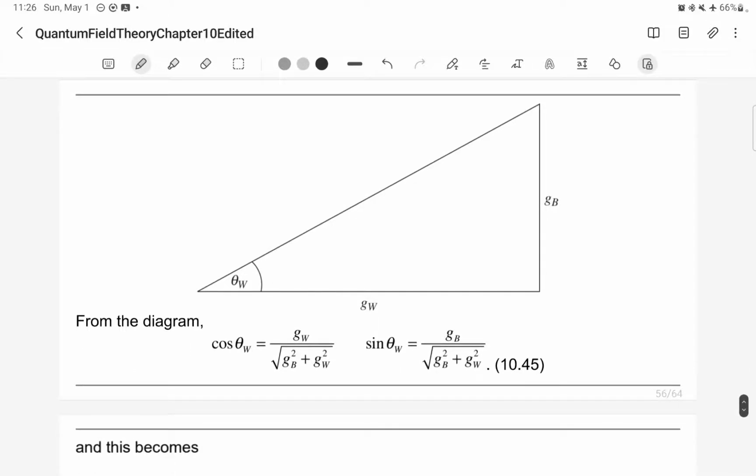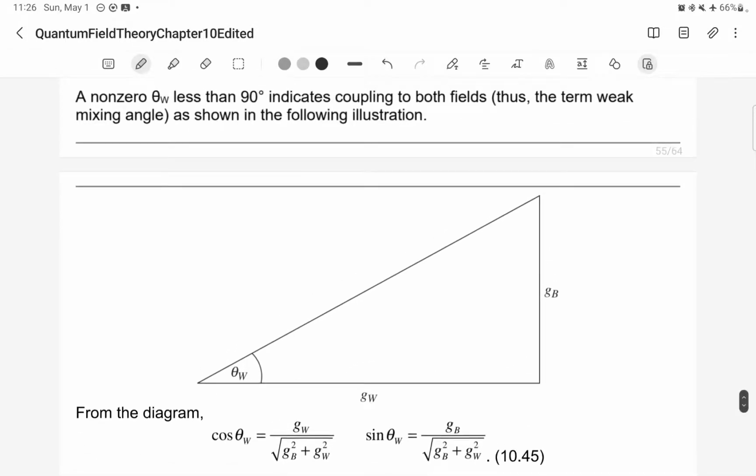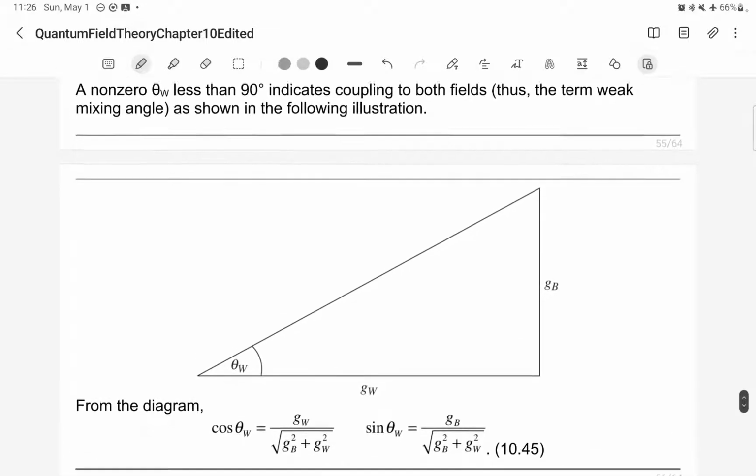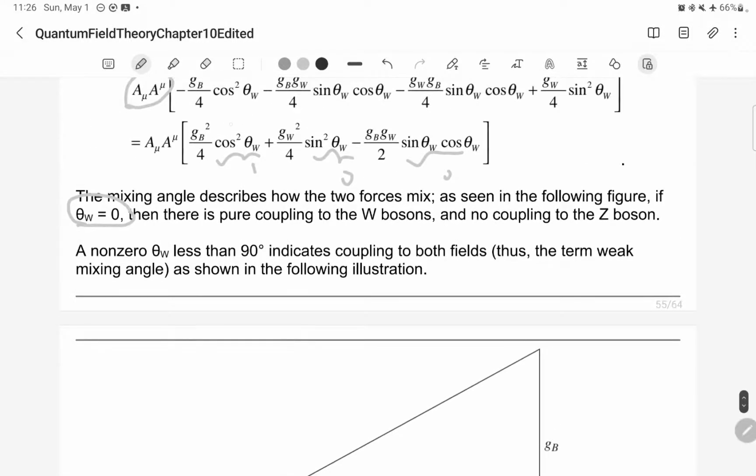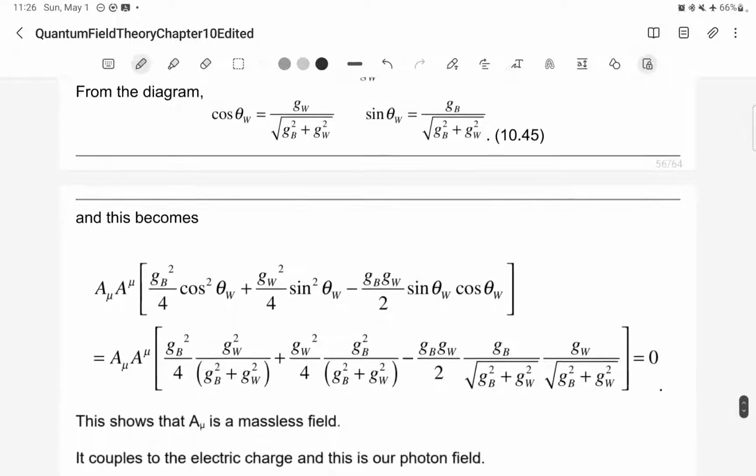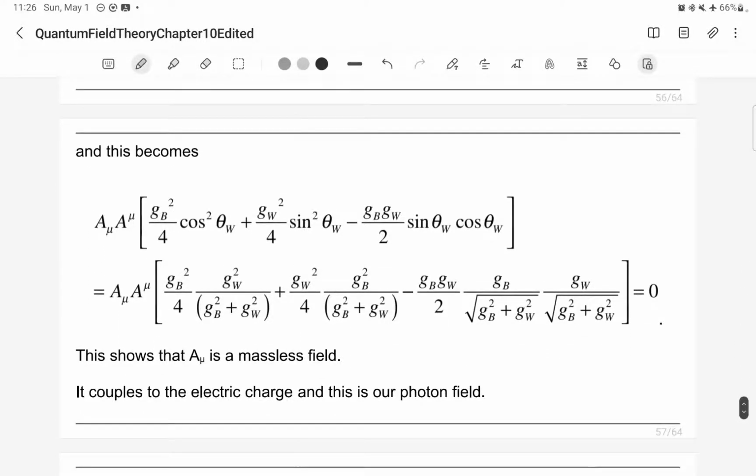So this is actually the diagram of how you would see cosine theta W and sine theta W. We can replace that here in these terms. So if we replace that, this will actually give you this one here as this one.